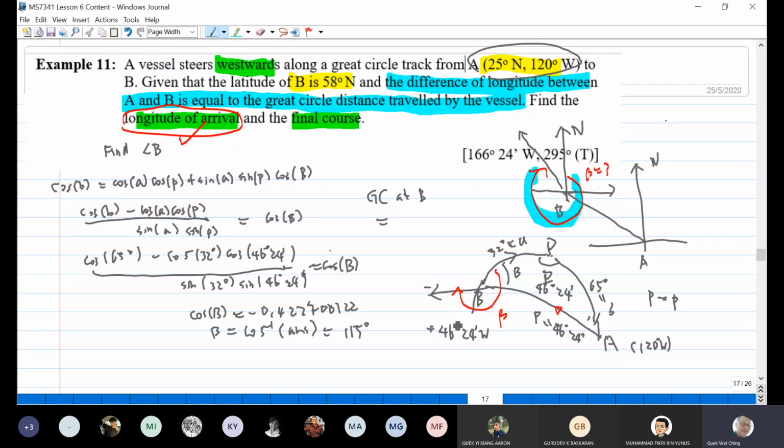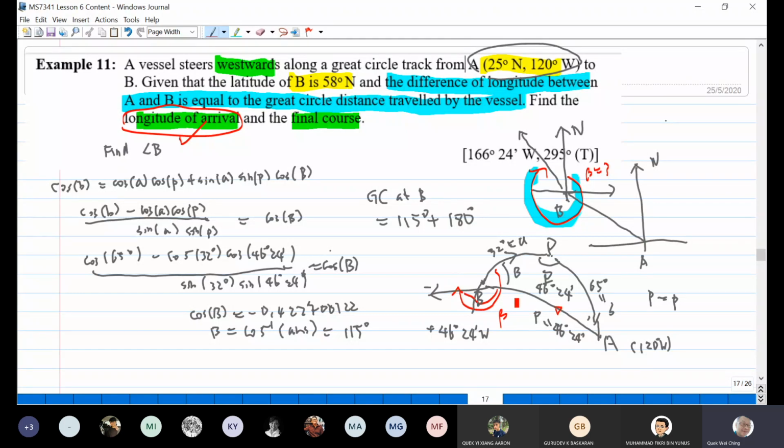So the angle theta is actually 115 degrees plus 180 degrees, because this looks like a straight line.